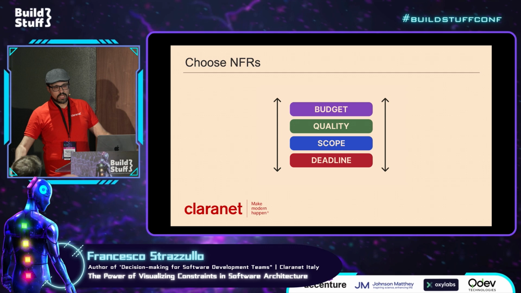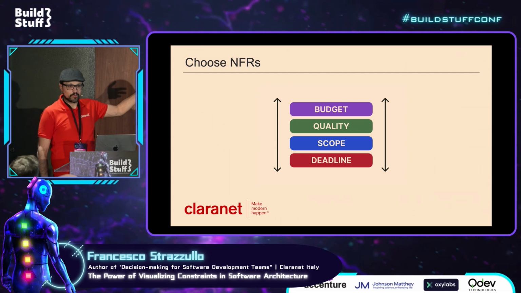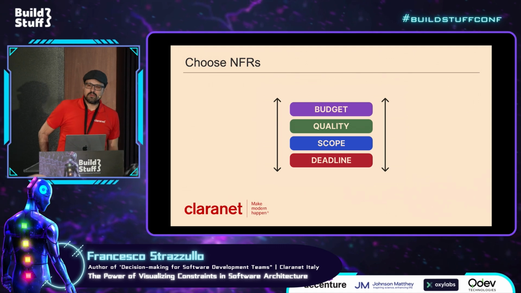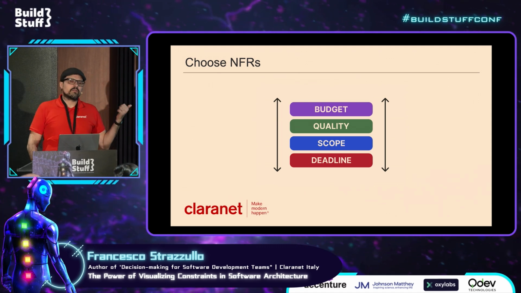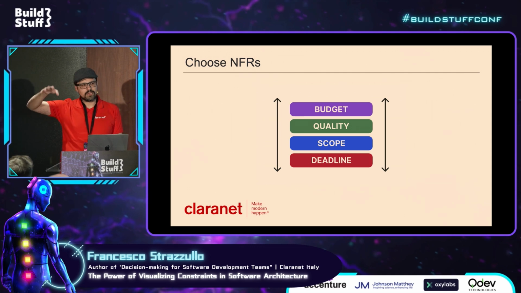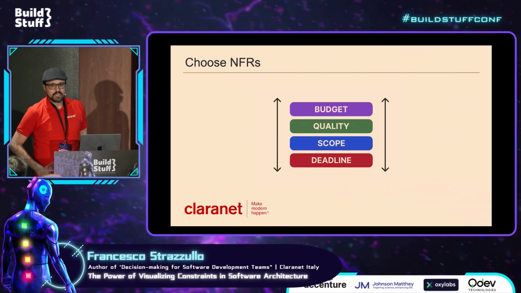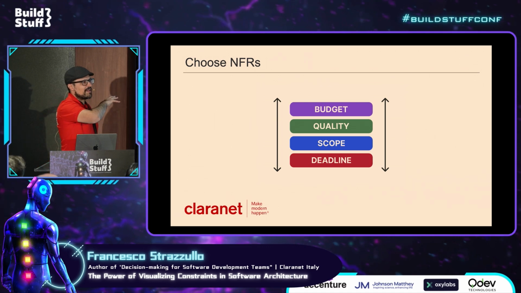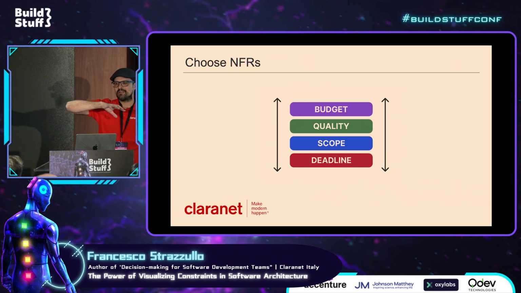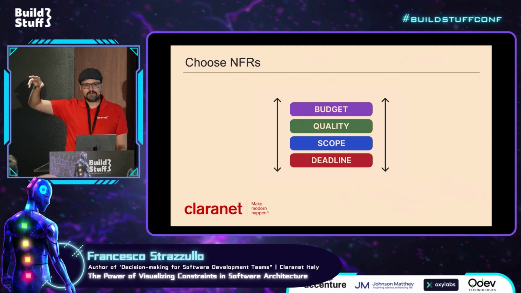You may say, okay, how long? It could take 10 seconds to sort 4 items. Let's try to do that with 2 founders of a startup, the CEO and the CTO. It's quite funny. They will never get around to the same idea of budget, quality, scope, and deadline.